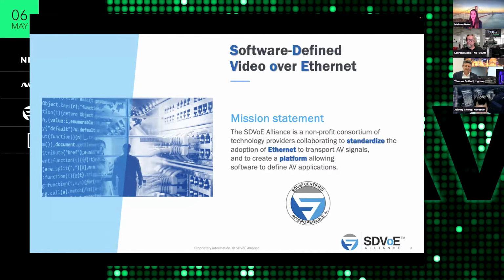You just heard from ttgroup. They are a contributing member of the Alliance, and you probably are already aware that Netgear is a founding member of the Alliance, active since its inception in 2017. The SDVoE technology is standardized, and so all of the products based on this technology are totally interoperable.